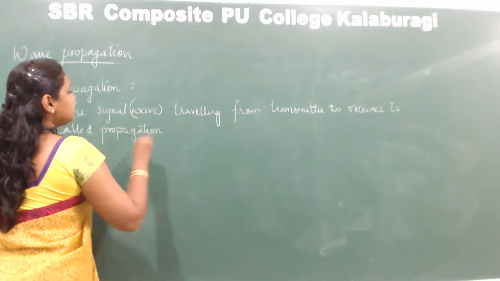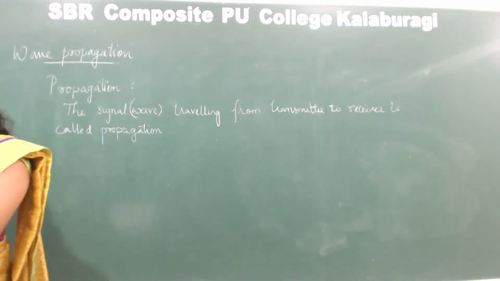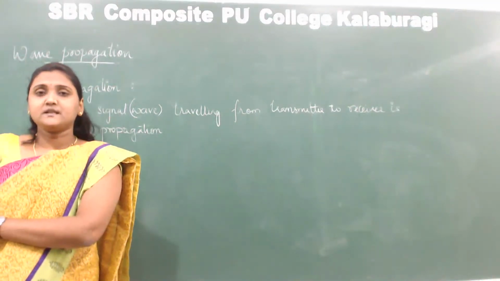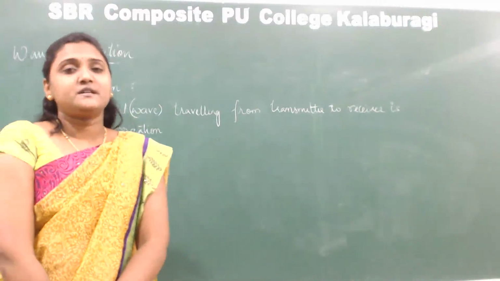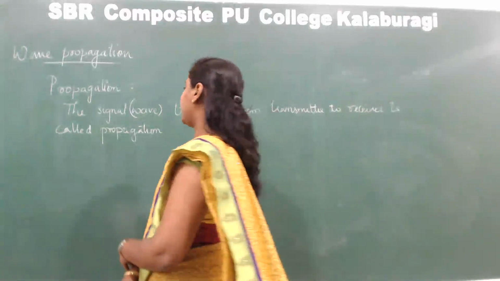The signal travels from the transmitter to receiver, and that itself is called what? The traveling of the signal from the source to the destination is called the propagation.